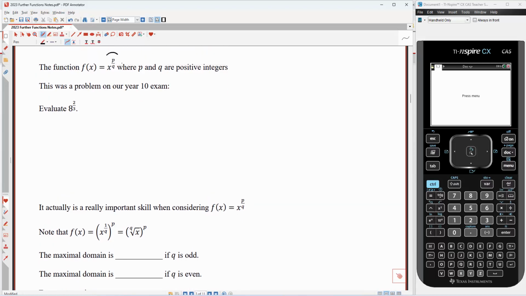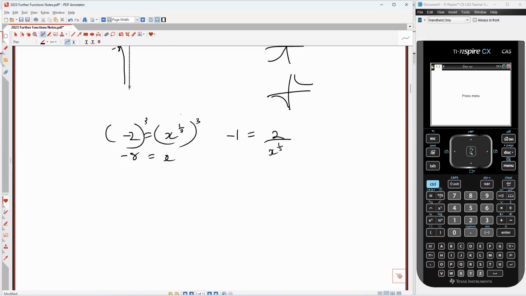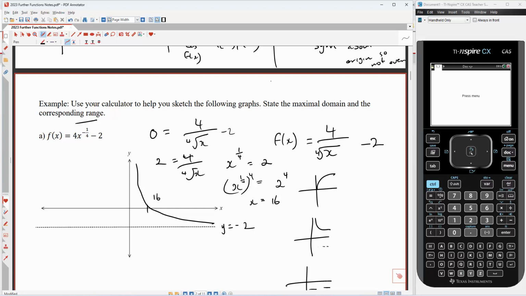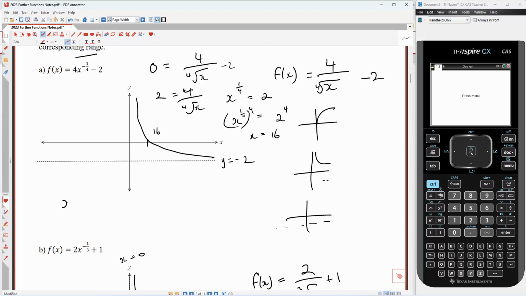Okay, what about this one here when p and q are positive integers? Well, there's a way to work these ones out. I didn't state the maximal domain of those other ones. I think I was supposed to do that. State the maximal domain and the corresponding range. So we're going to say that x is an element of the real positives, and y is an element of the values from -2 to +infinity.